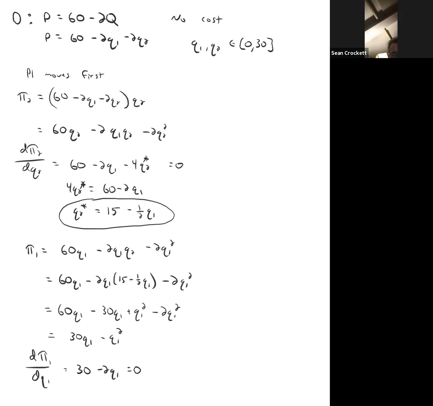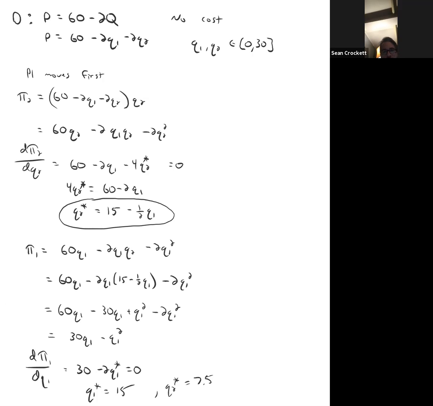Make that a star, set it equal to 0. And so we get Q1 star equals 15. And then that means that Q2 star equals 7.5. Okay? And so that's going to be the subgame perfect Nash equilibrium of this Stackelberg game.